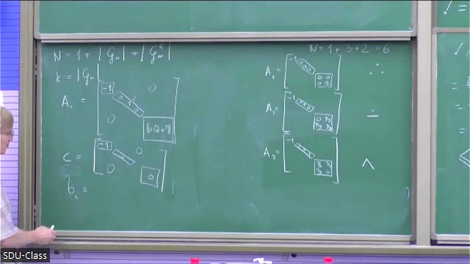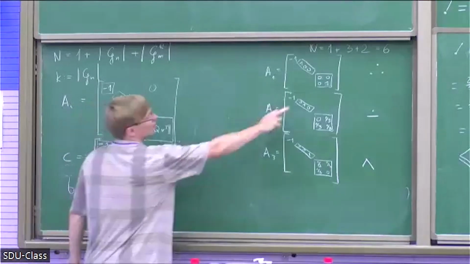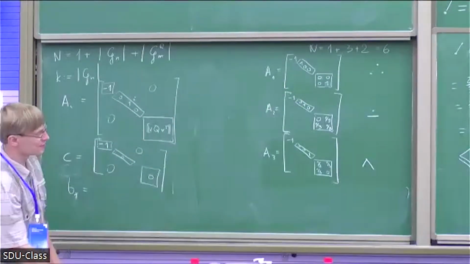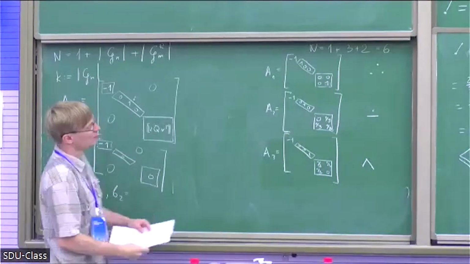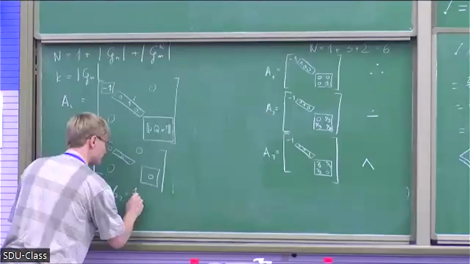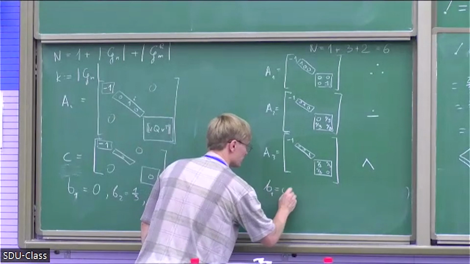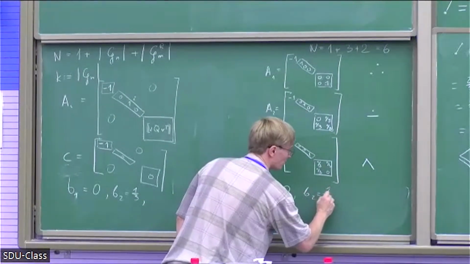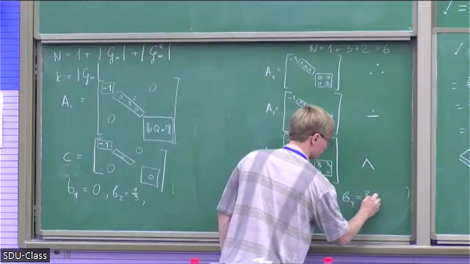So my B1 was for this, and for this there is 0. B2 is for this graph. For this graph I have 1/3. B1 0, B2 1/3, B3 2/3.